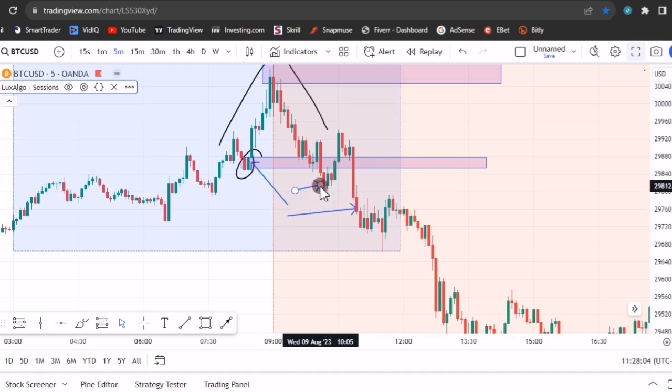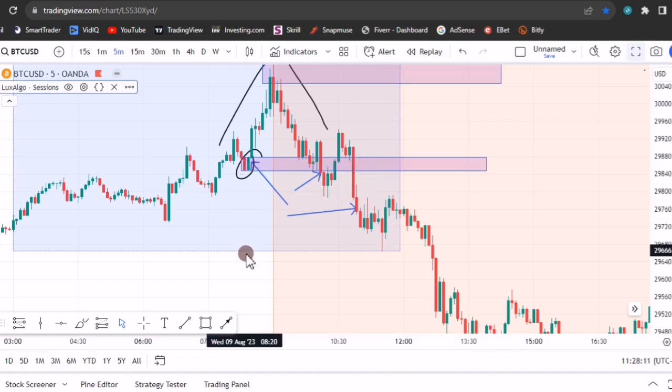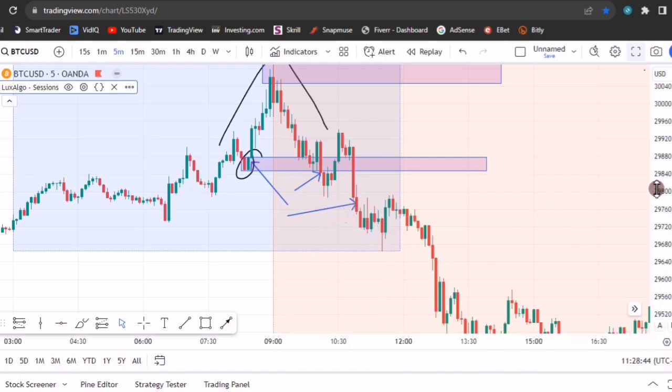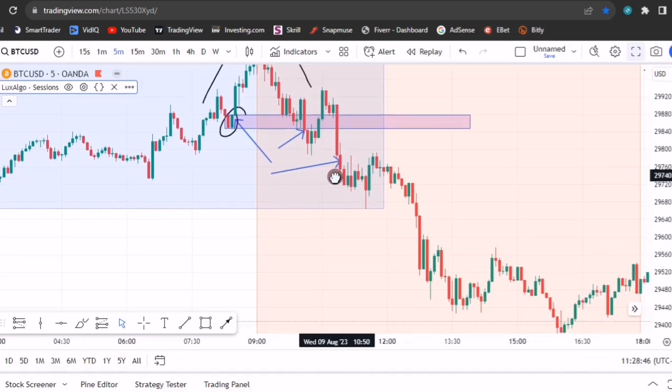Maybe you would sell right here because that first red candle that broke out, it's not a clear breakout. So a clear breakout happened right here. You can see that the second red candle is below that first one. So you take the trade when the second candle closes, and then you hold and make money.